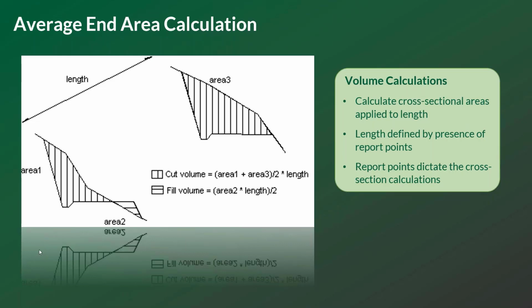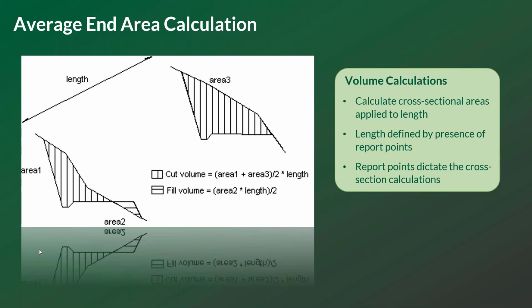Perfect. So our next topic really starts to dive a little bit deeper into volumes, and this is how volumes are calculated within RoadEng. So the location module uses an average end area calculation, which essentially means that it's calculating cross-sectional areas applied to a specific length. Now that length is defined by the presence of report points. So obviously, as we mentioned, the more report points you have, the more accurate your volumes are going to be.